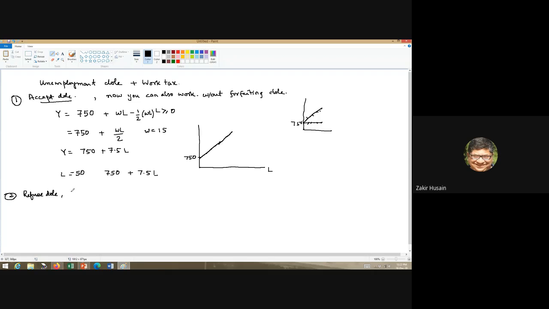In that case, there's no work tax. So in that case, this dole is 0, and you're going to get just WL or 15L.